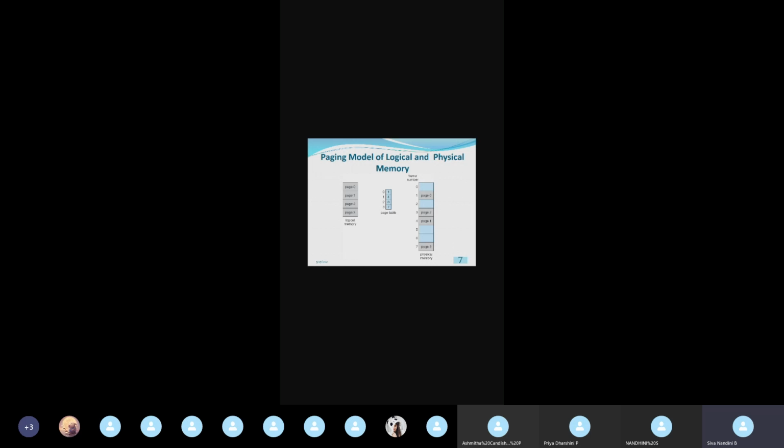So we need this page table for mapping the logical address to the physical address. I hope now you'll be somewhat clear about the logical memory divided into pages and physical memory divided into frames, and in between we are having the page table. This page table is used for mapping the logical address to the physical address.